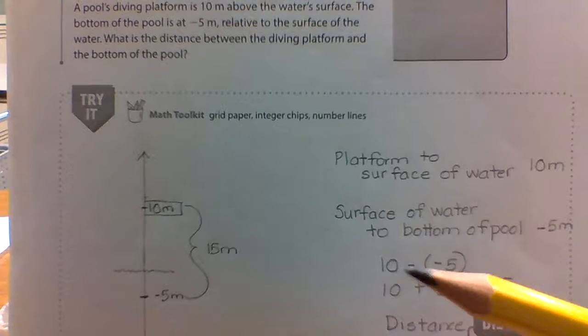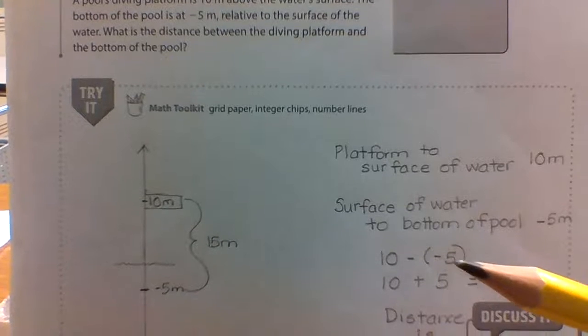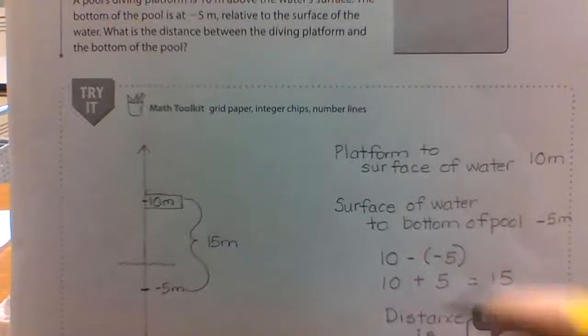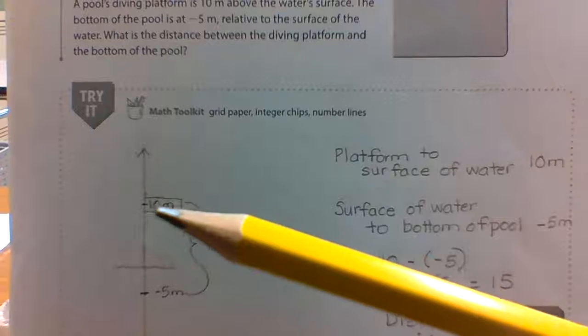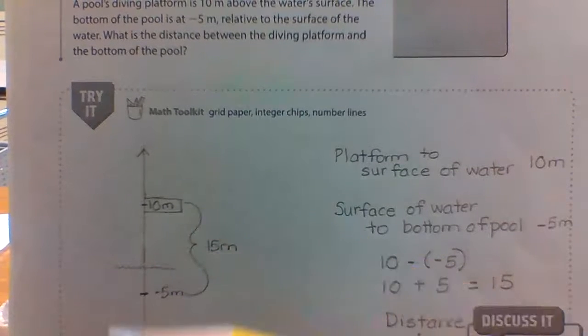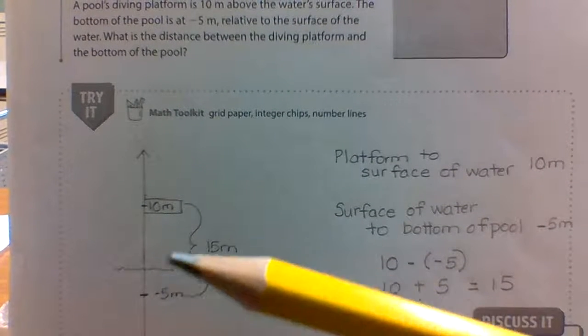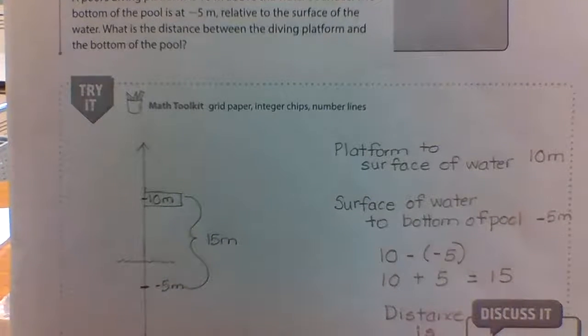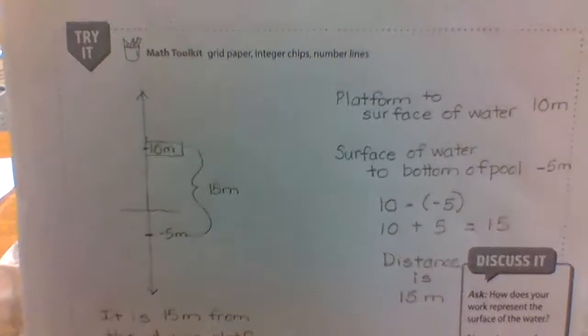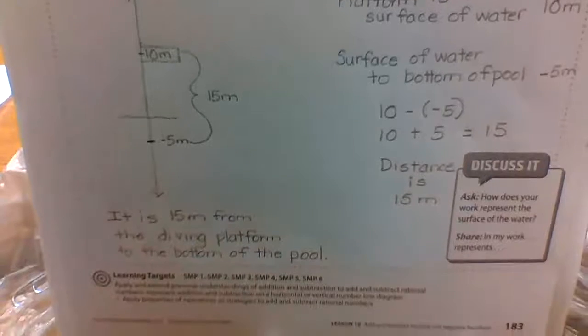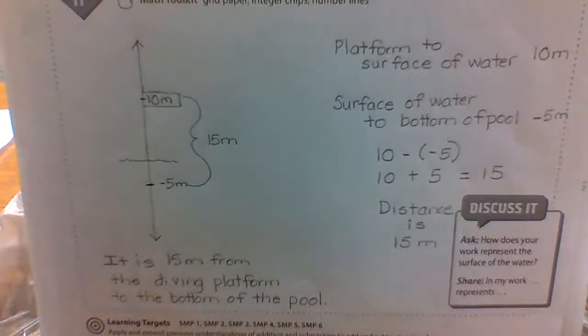So that's adding a positive. So 10 plus 5 equals 15. There's 10 units here, 5 units here, and 10 plus 5 is 15. Distance is 15 meters. And remember, distance is always positive.